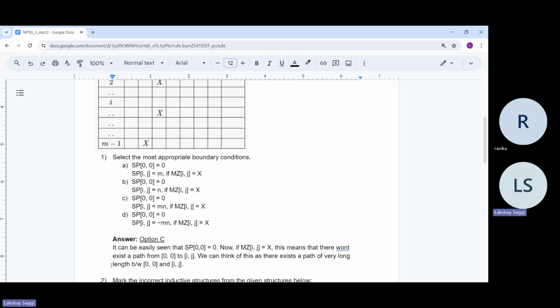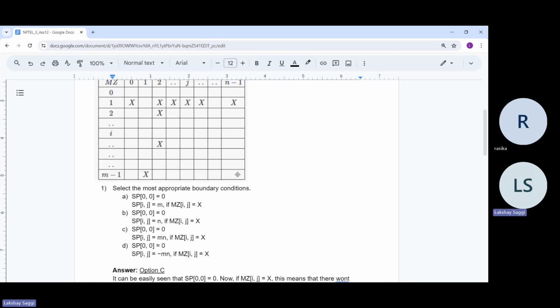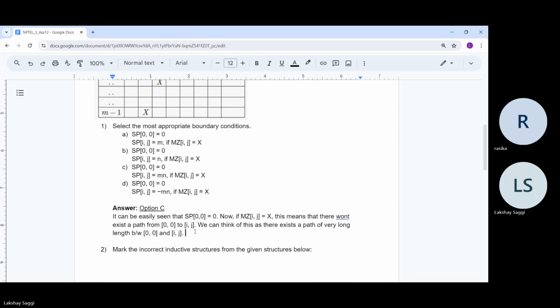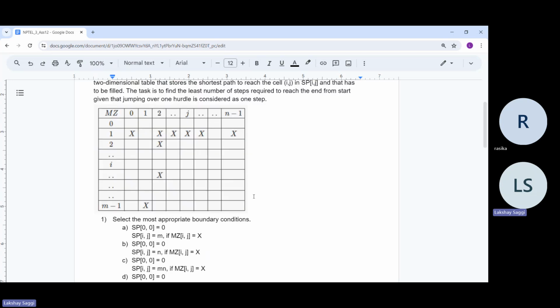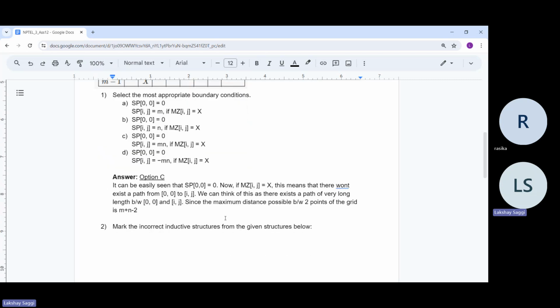Effectively, a very long length in this table will be a length of mn. So mn will be a very long length. And this is because the maximum distance possible between two points of the grid is m plus n. So effectively something like m plus n minus 2 actually, because from (0, 0) to (m minus 1, n minus 1), we'll need n minus 1 right turns and m minus 1 downs.